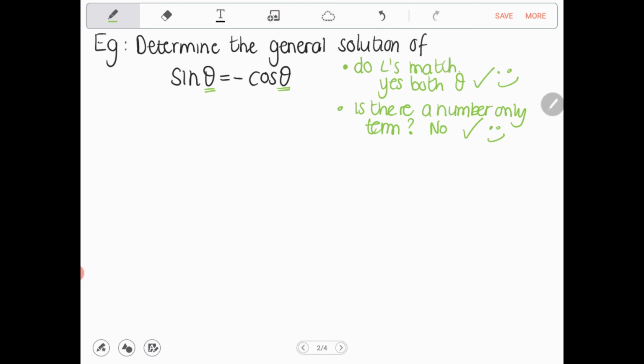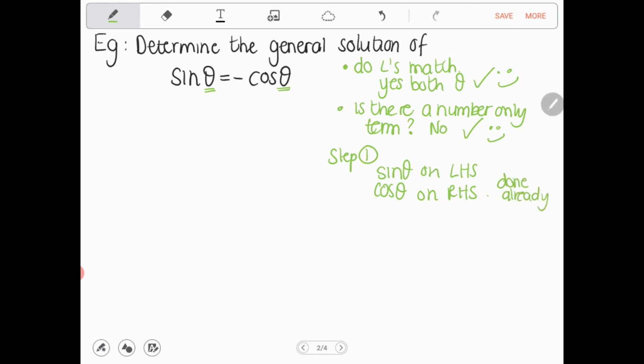So what we do with these is we go through these steps. Step 1, we put sine on the left-hand side and cos on the right-hand side. In this equation, it's been done already.